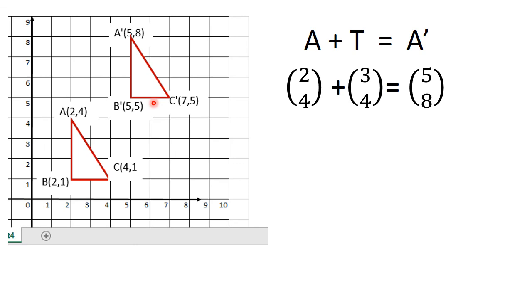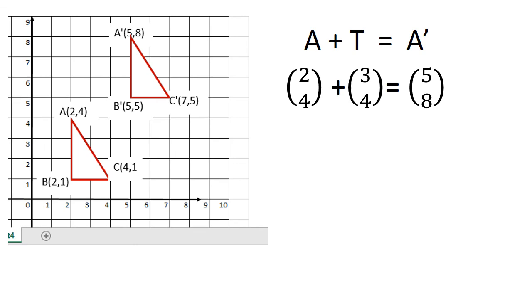That means even point B and point C can be gotten without necessarily drawing. You just need to have the coordinates of the point A, B, C, or whichever point you have, and add the translation vector, and that gives you the image that we should get. So 2, 4, which were the coordinates of the point A, added to 3, 4, which is the translation vector, gives us 5, 8, which is the image of the point A.